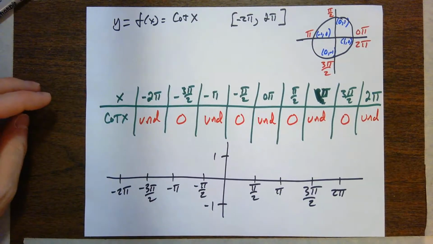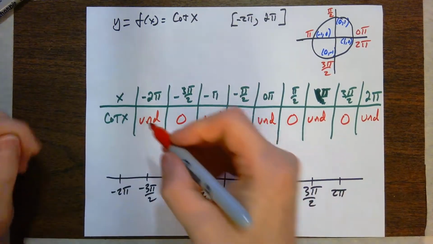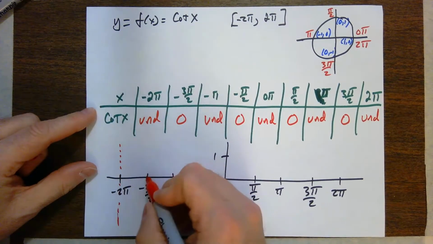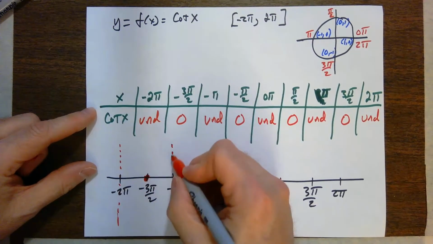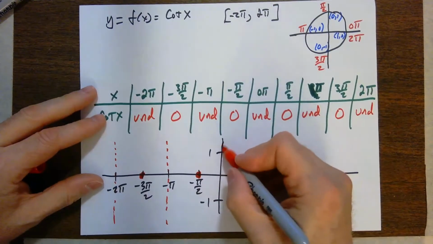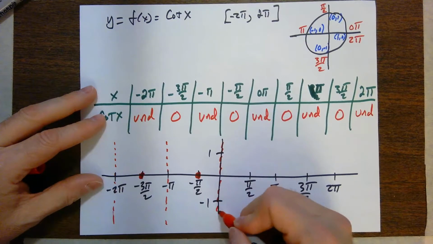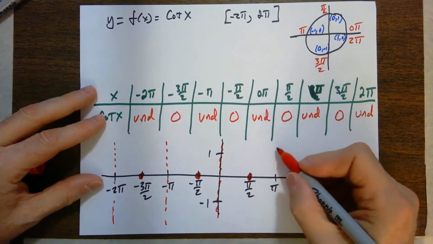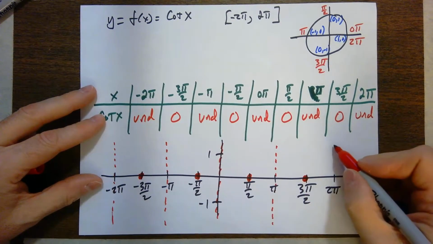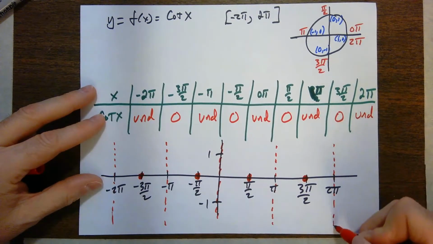And again, everywhere I see this undefined, I've got an asymptote. Here, 0, an asymptote, 0, an asymptote, 0, an asymptote, 0, an asymptote.